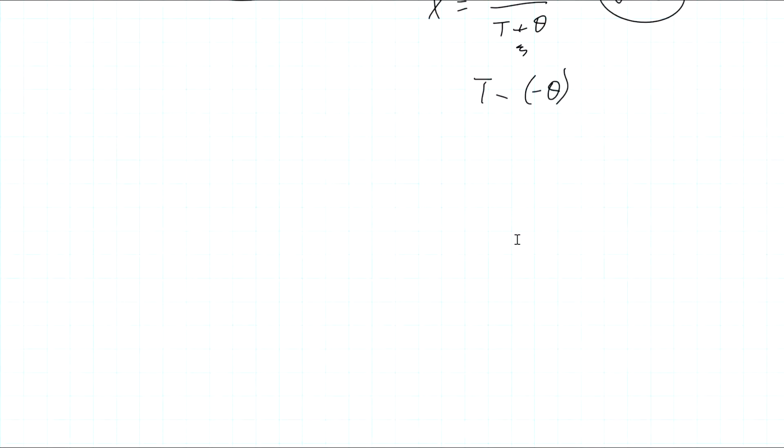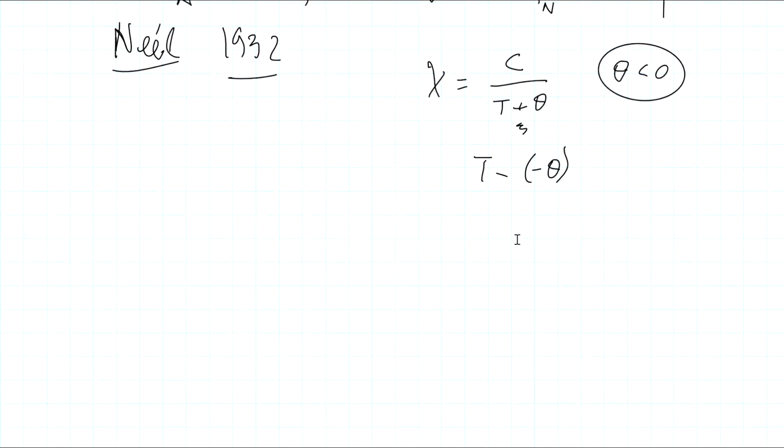So with a negative Curie temperature, molecular field HM opposes external field. And well, let's do this. And again, I would like to note that this molecular field concept, it's an effective field.